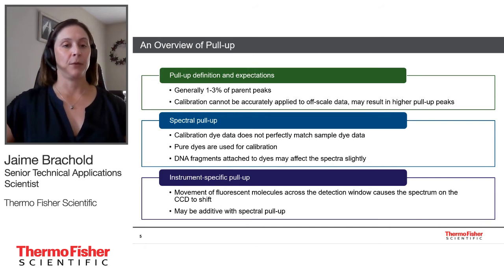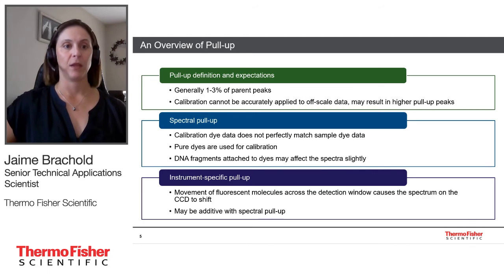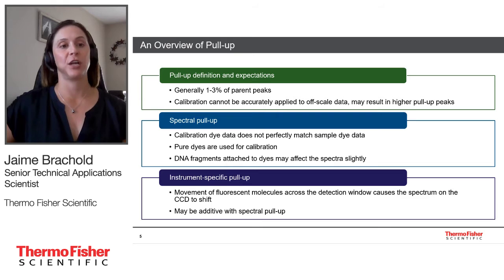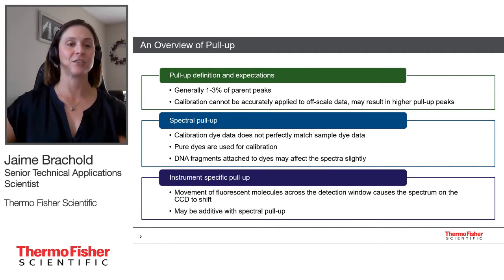When we talk about pull-up, there are really two different types of pull-up. There's spectral pull-up and there's instrument-specific pull-up. Spectral pull-up occurs because when we run our manual calibration, we're using pure dyes. The matrix for deconvolution that is generated from that pure dye calibration then gets applied to our samples. Well, in our samples, our dyes are attached to DNA fragments, and that could affect the spectra differently.